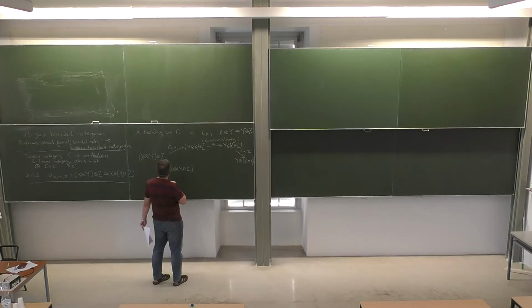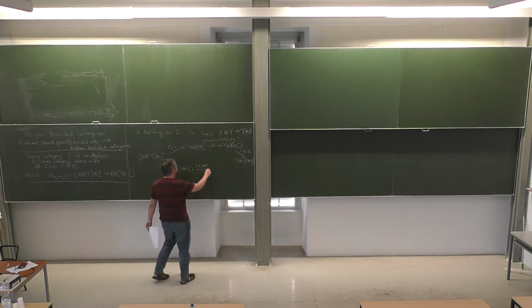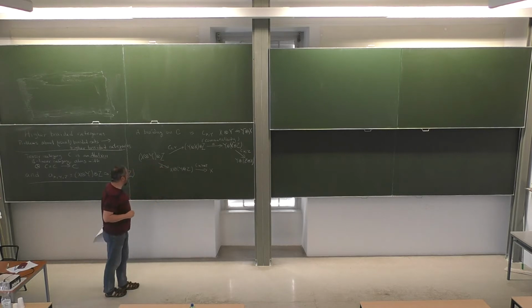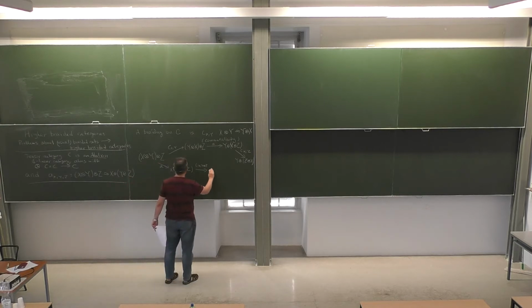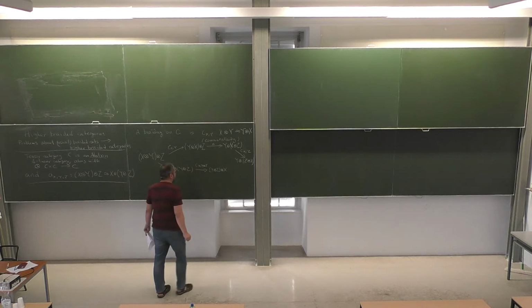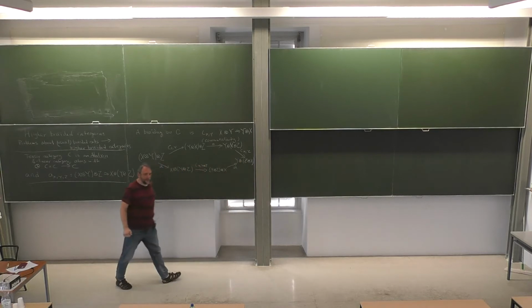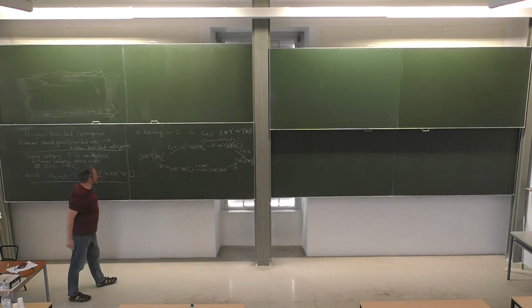Now we have X with Y tensor Z, permuting X with the product. So it would be Y tensor Z tensor X. And then we apply the associativity constraint again to get there, right? This is appropriately called the hexagon axiom.